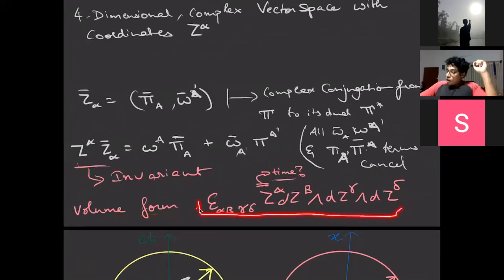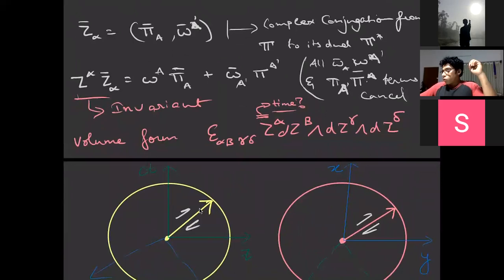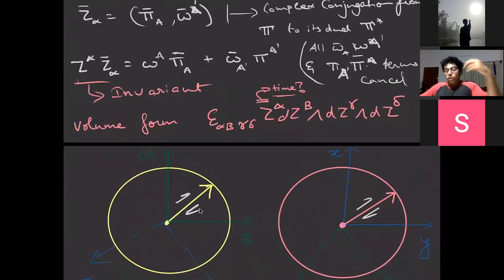Note that this is a three-form. So even though you have a four-dimensional spacetime, you have a three-form that describes your four-dimensional space. This will have a lot of interesting algebraic connotations that we will look into later.